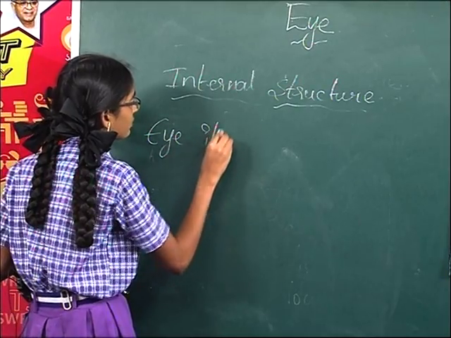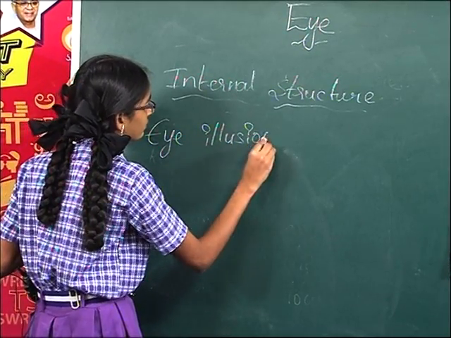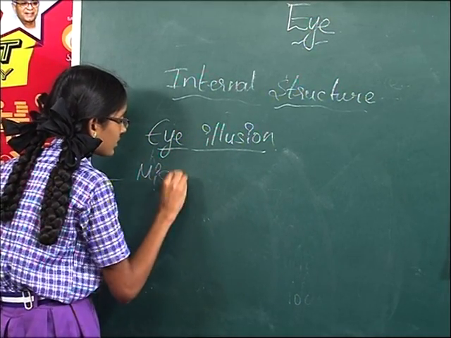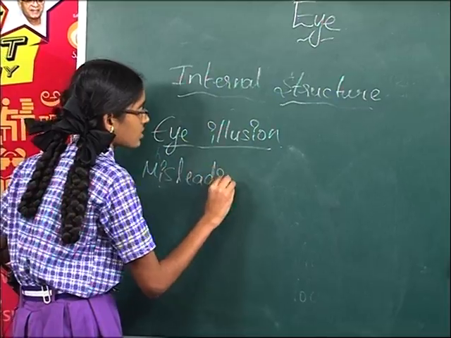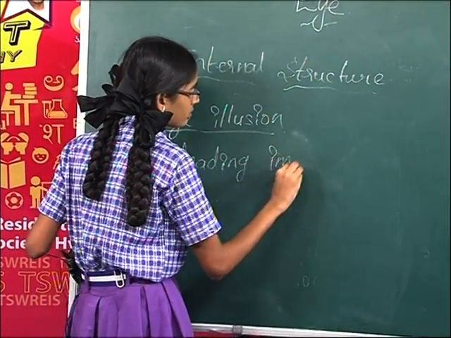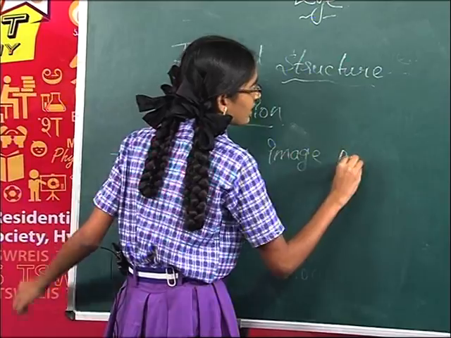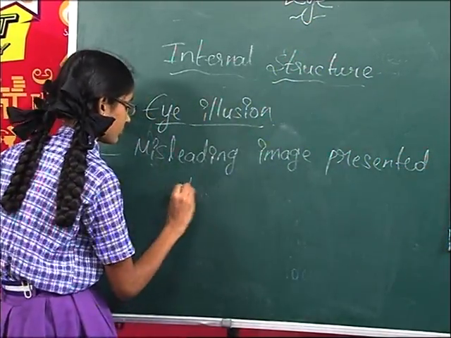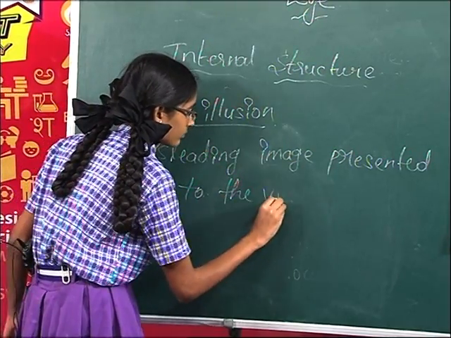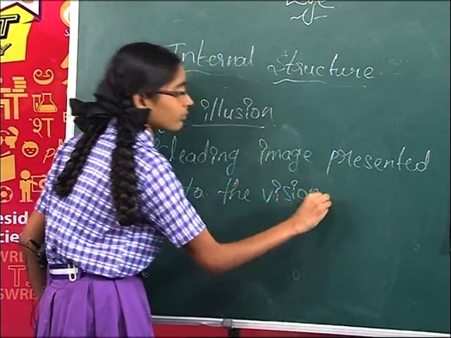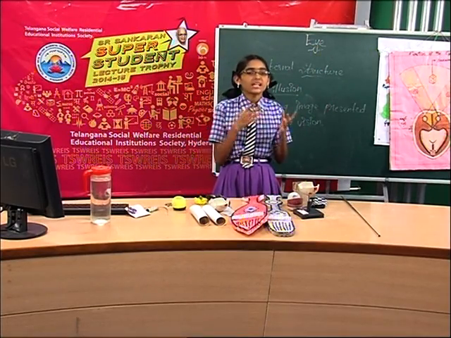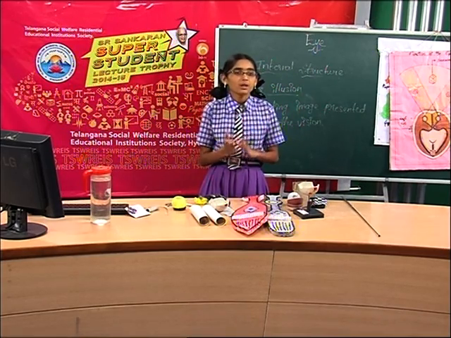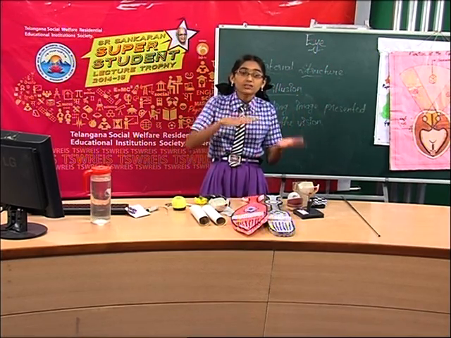Eye illusion means a misleading image presented to the vision, or something that deceives or misleads, something that deceives the eye by appearing to be other than it is.